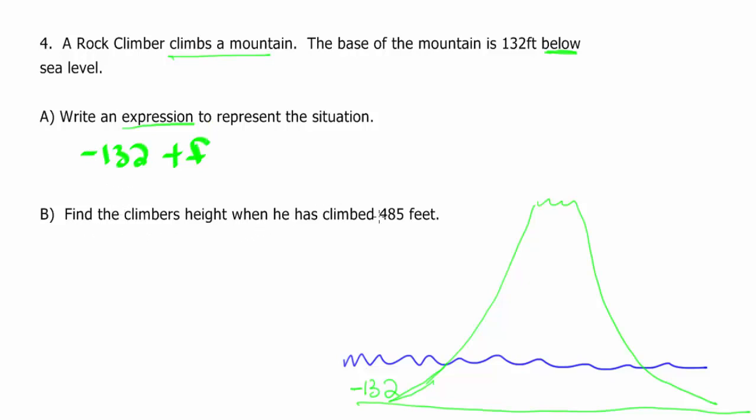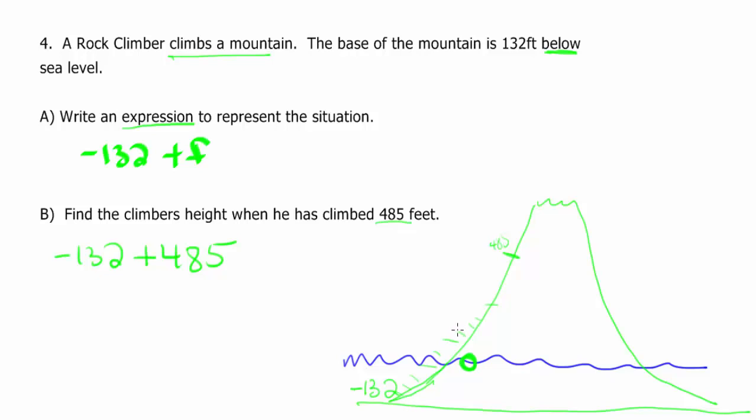Find the climber's height when he has climbed 485 feet. Since you're starting at negative 132, you're going to add 485 feet. That doesn't mean you're up here at 485. It means you've actually climbed 485 feet. This is 0 right here, so then you start in the positives.